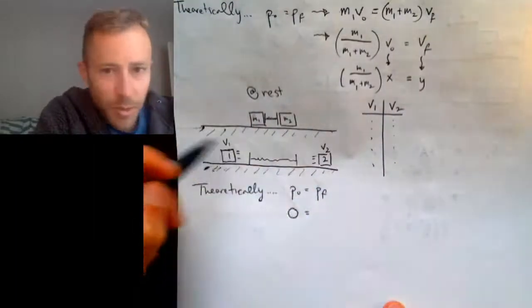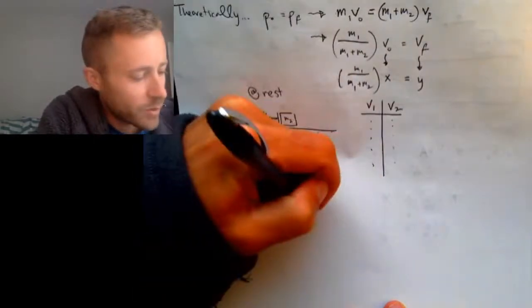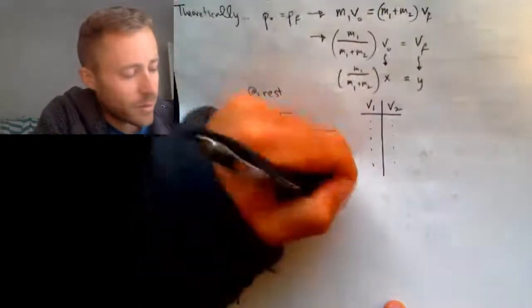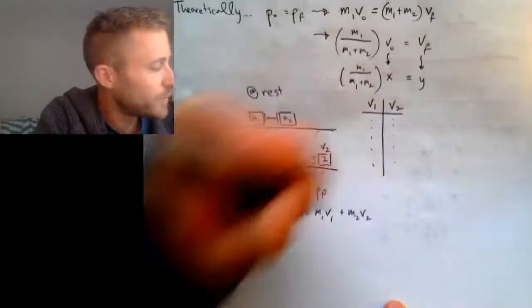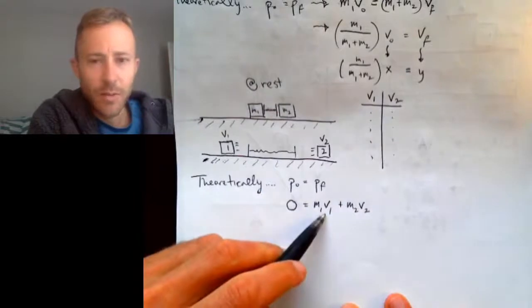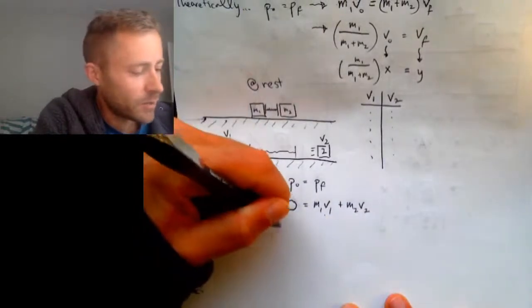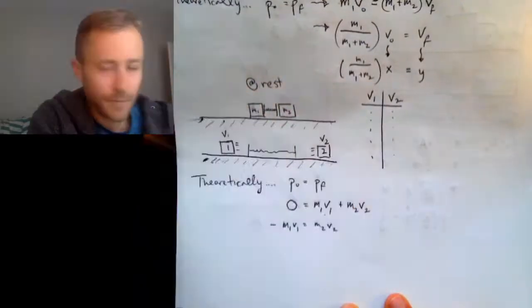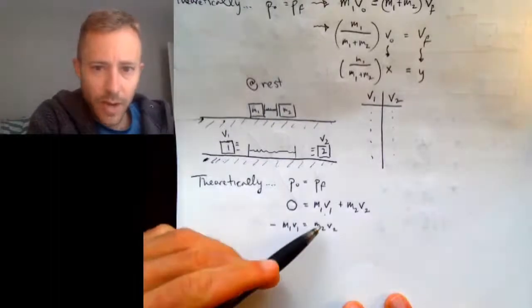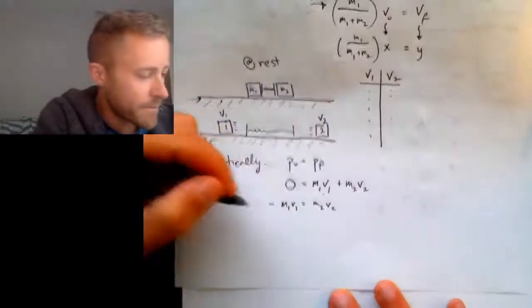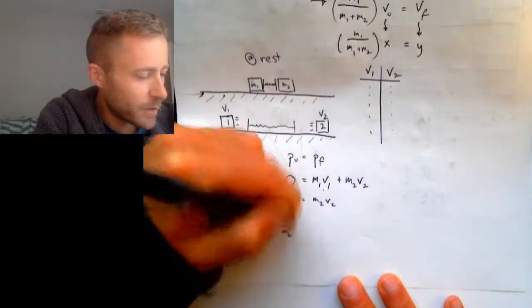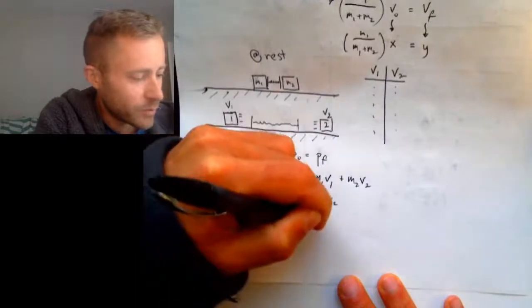Final momentum is the momentum of mass 1, which is m1 times v1, plus the final momentum of mass 2, which is m2 times v2. So then I can subtract m1 v1 over to the other side, so I have minus m1 v1 equals m2 v2. And then I divide both sides by m2, and that gives me minus m1 over m2 times v1 equals v2.